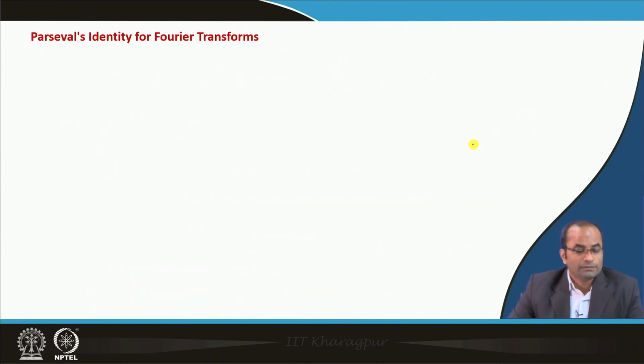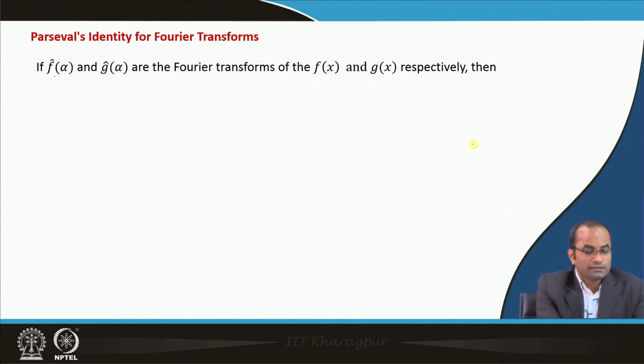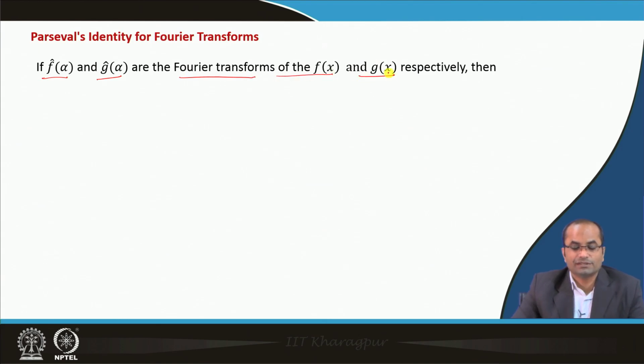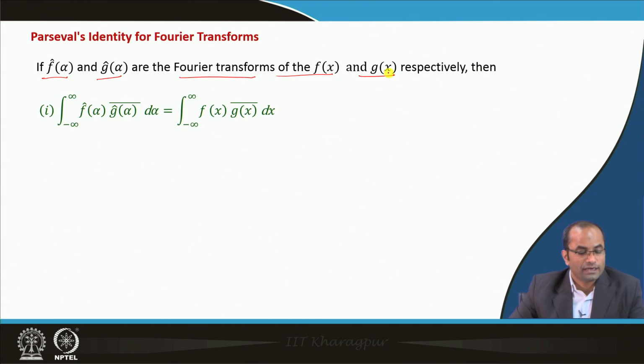Now we will discuss Parseval's identity for the Fourier transforms. Suppose f hat and g hat are the Fourier transforms of f and g respectively. Then we have this result: the integral of the product of f hat and the complex conjugate of g hat is equal to the integral from minus infinity to plus infinity of the product of f and the complex conjugate of g, dx.